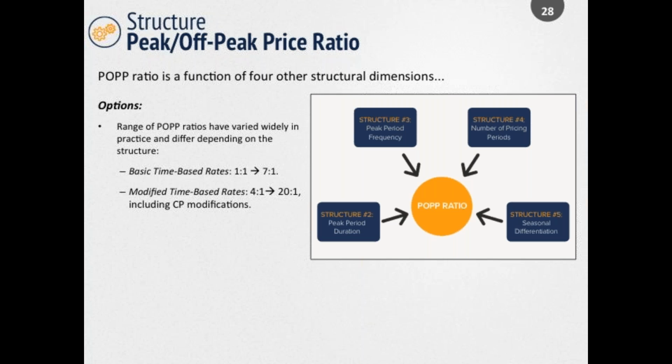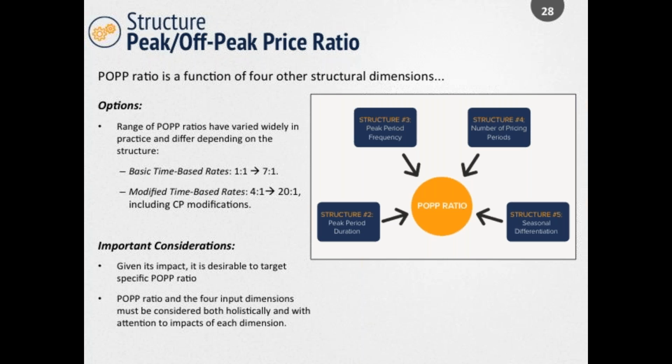But it's interesting to note that the POP ratio itself is a function of 4 other natural dimensions that we outlined on the previous slide. As you think about designing these rates and thinking about what POP ratio should be used, it's important to target a specific POP ratio that could result in desirable outcomes. But while doing so, we must also aim to constrain other input dimensions within acceptable ranges, such that they can elicit desired customer response.